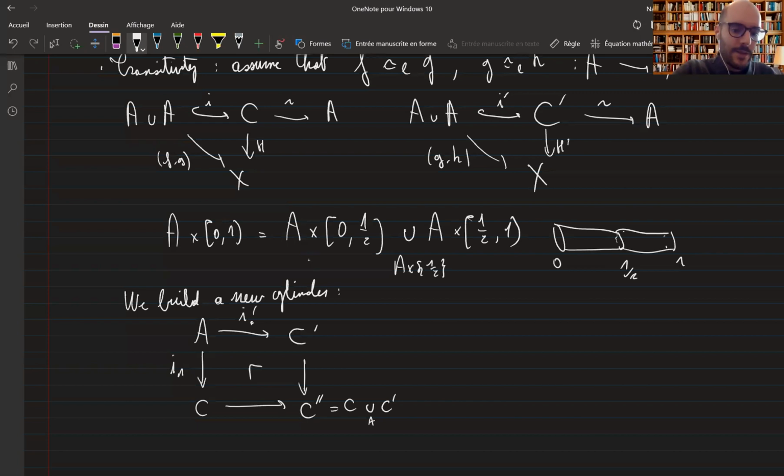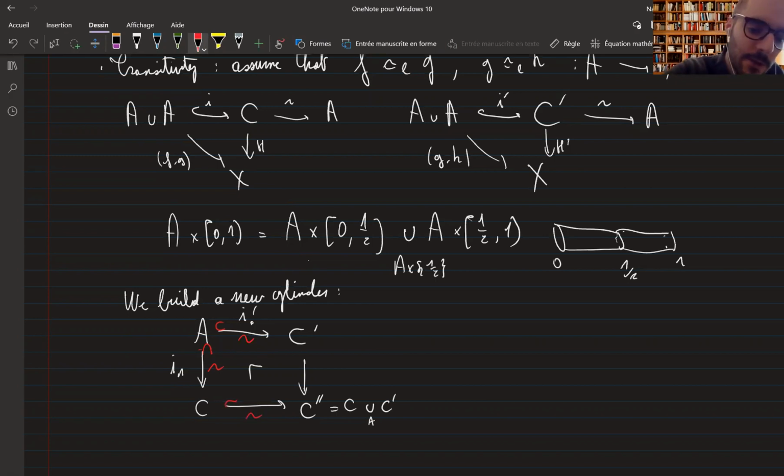Is it clear, this push out? You have to think about this picture. So using the lemma, this is an acyclic cofibration. This is an acyclic cofibration. Acyclic cofibrations are closed under pushouts. And this is where we use the fact that A is a cofibration, because if this were just a weak equivalence, here we could not say anything because the pushout of a weak equivalence is not always a weak equivalence, even in topological spaces.